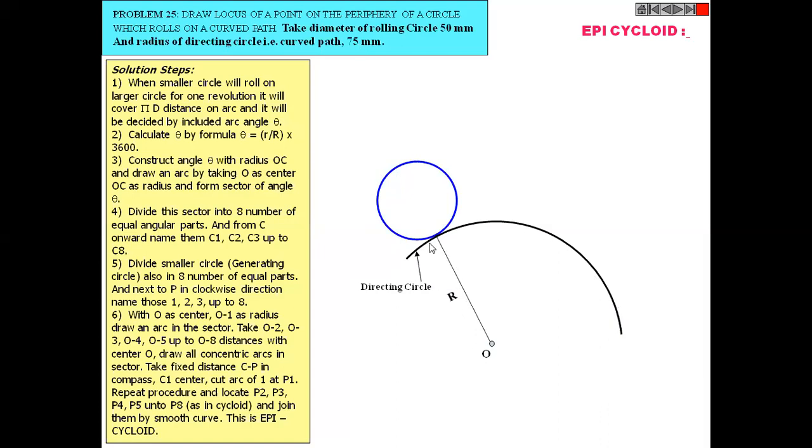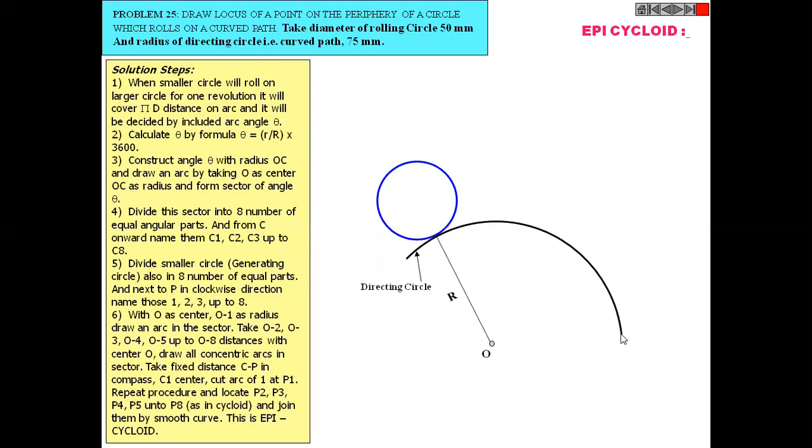Then we have to find the length of the circumference covered by one revolution of this rolling circle. It means that whenever this circle travels without sliding on the outside circumference of the other circle, some distance will be covered for one revolution. So join this last point.